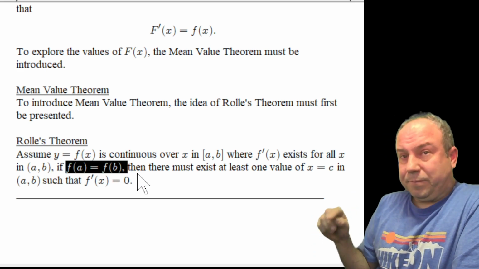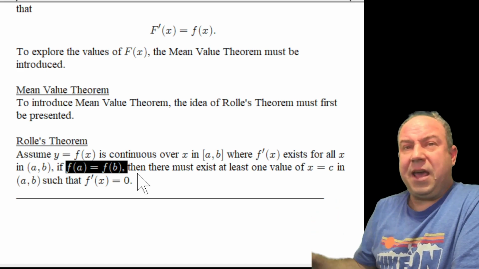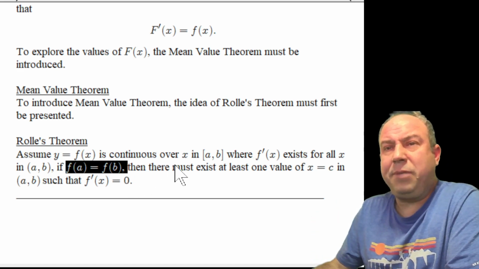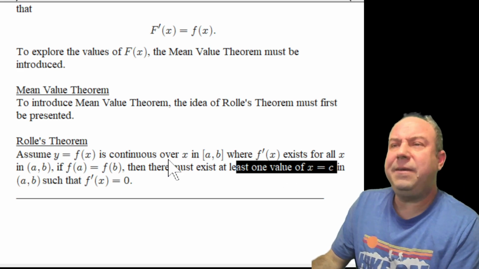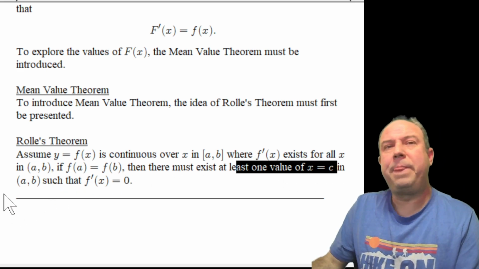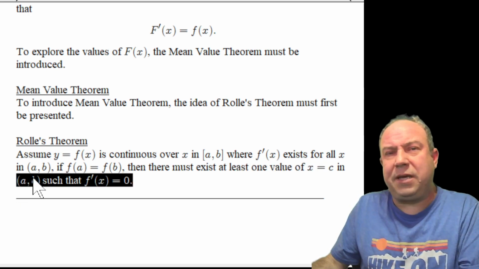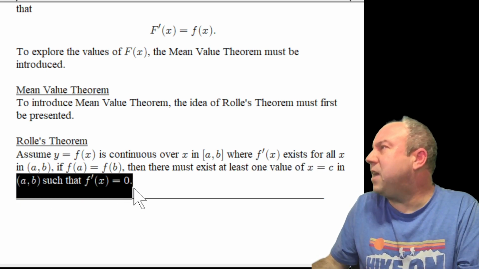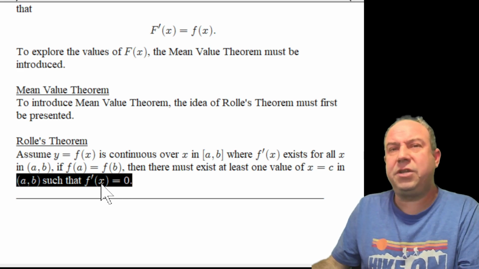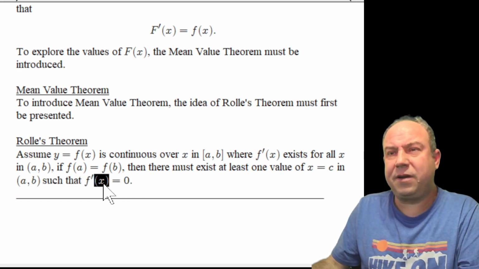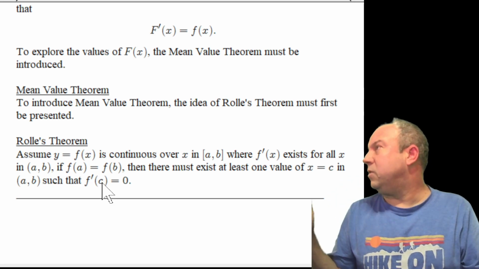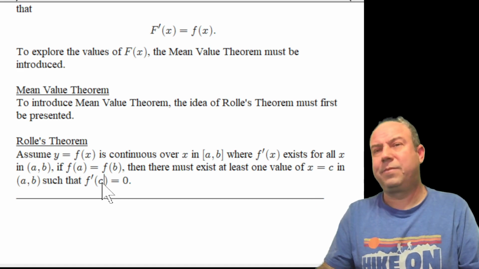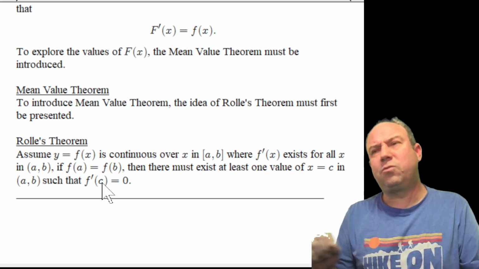If the output of the function f at a equals the output of f at b, then there must exist at least one value of x, x equal to c, in that interval from a to b, such that when you take the derivative of f at that value c, it is equal to 0. It's known as Rolle's theorem.